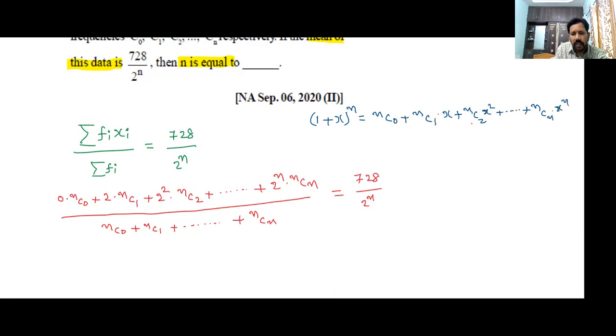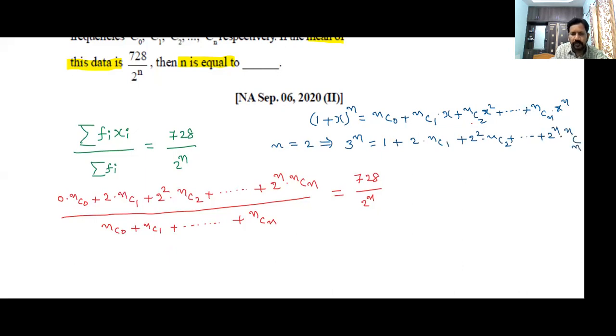Yes or no? In place of x, substitute 2. Then we get 3 power n, that is equal to 1 plus 2 into nC1 plus 2 square into nC2 and so on. The last term we get is 2 power n into nCn.